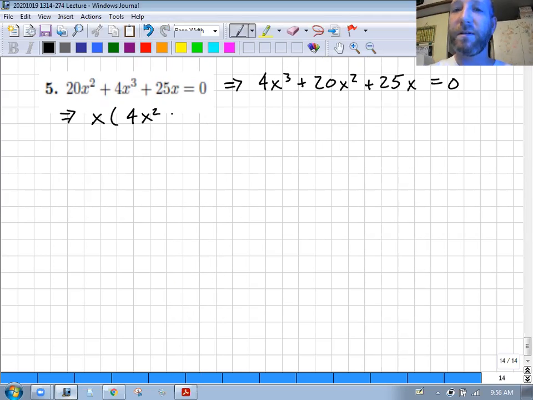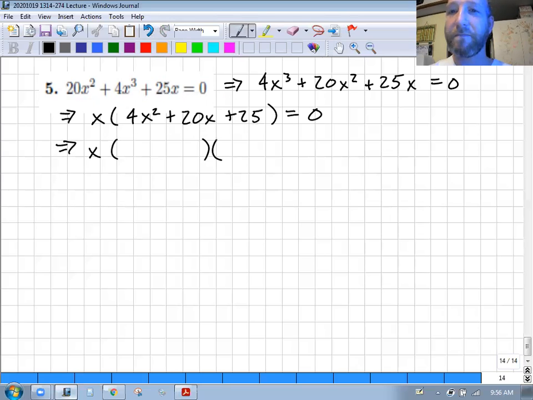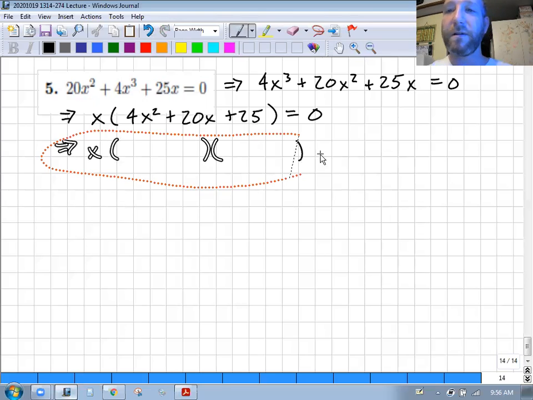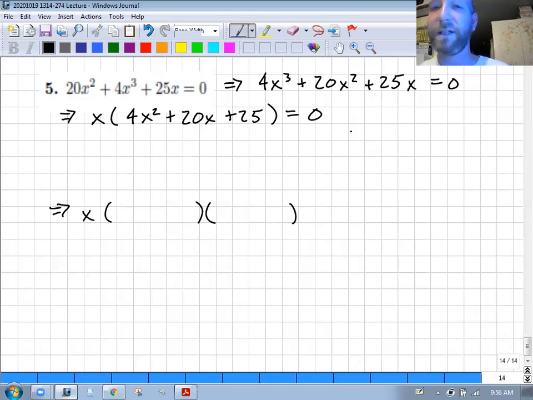It gives us this. So this guy, we need to be able to factor it, okay? So since it has that 4 up front, let's use our AC trick here.